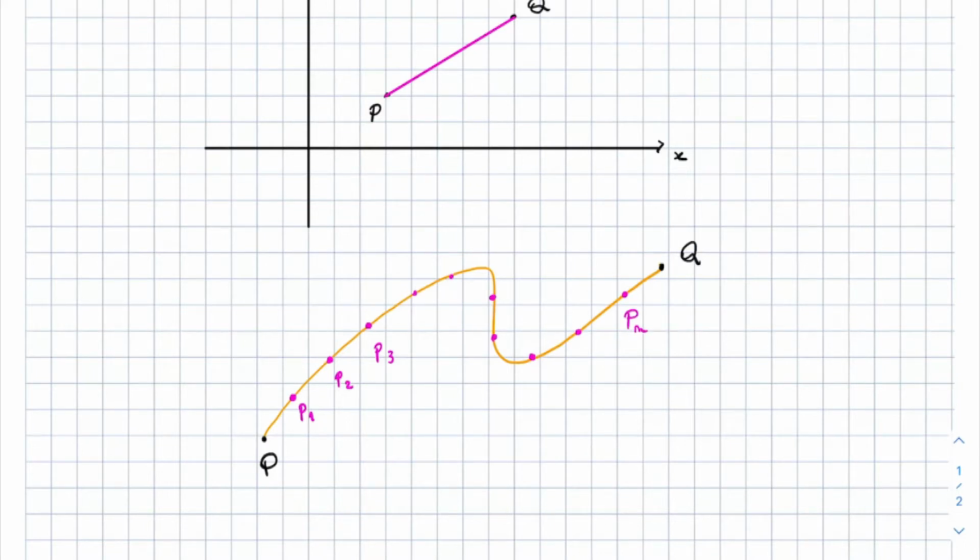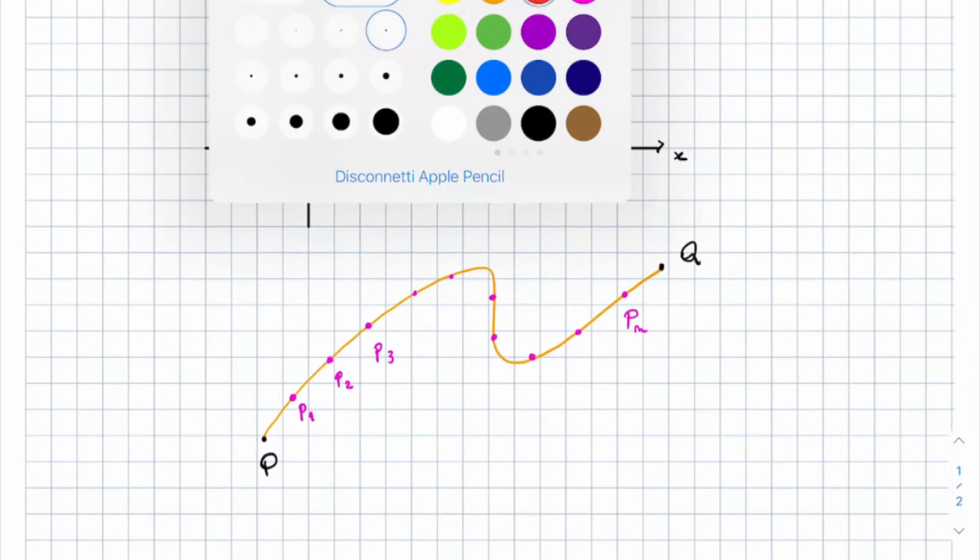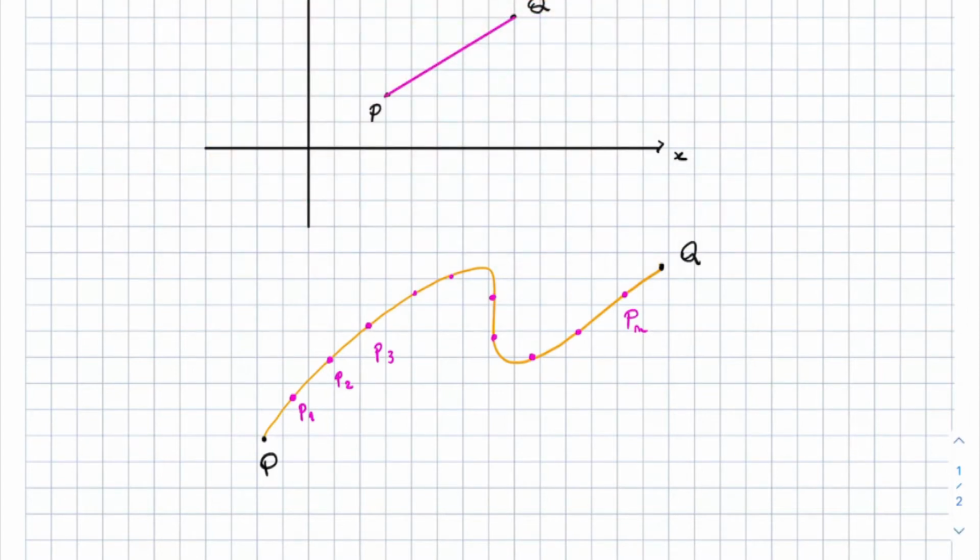Now, what we know is how to compute the distance between P and P1, which is exactly the length of the segment connecting P and P1. In the same way, we know how to measure the distance between P1 and P2, which is the length of the segment connecting them, and so on and so forth.